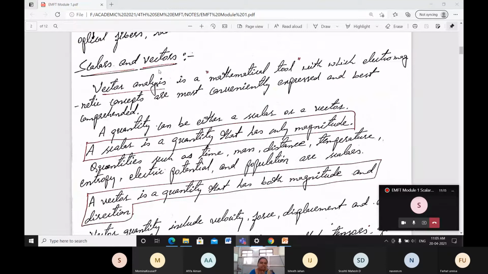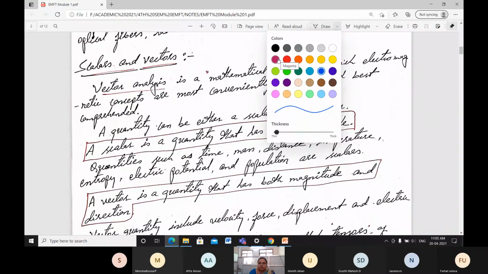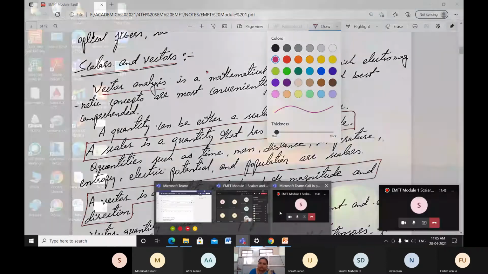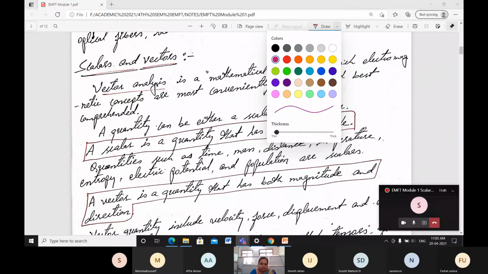In basic mathematics we already learned what we mean by scalar and vector, and how we add up vectors or scalar components in different methods. First we will see what scalars and vectors represent. Vector analysis is a mathematical tool, and basic maths is very important for us.